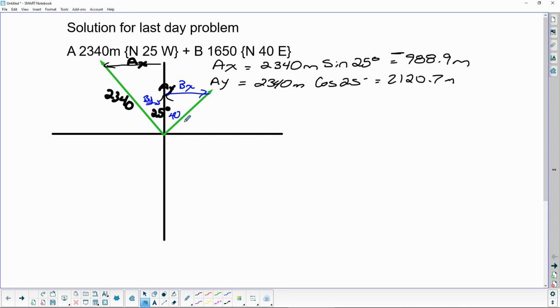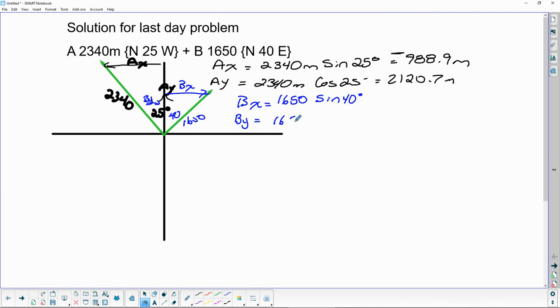Okay, so this is 1650. So our BX, or X component of that, would be 1650. Okay, and again, it's with the y-axis here, so this is the opposite side. This is a hypotenuse, that's sine, but it's sine of 40 this time. And BY, okay, BY is adjacent side here, and hypotenuse.